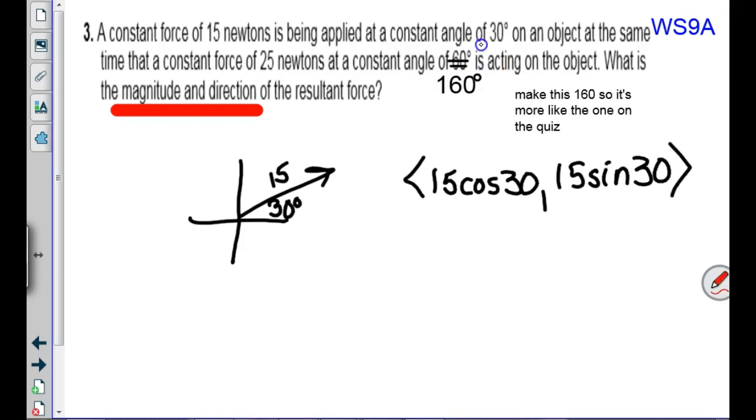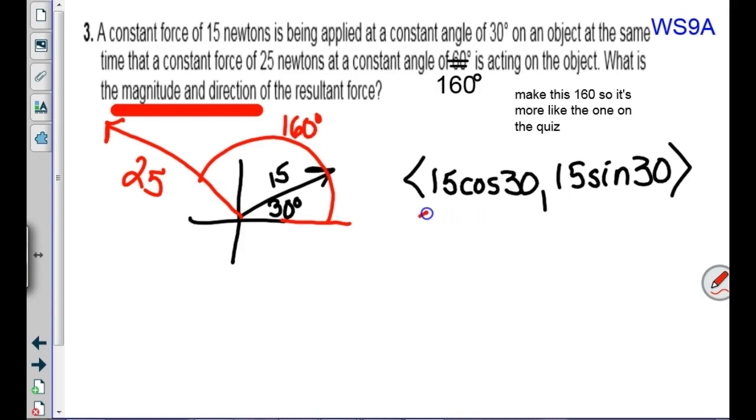Okay, then it says, at the same time, a constant force of 25 newtons is applied at 160 degrees. So that is going off the positive x-axis all the way over here. And it's 25 newtons, 160 degrees. So same thing. Remember, we changed the original question.